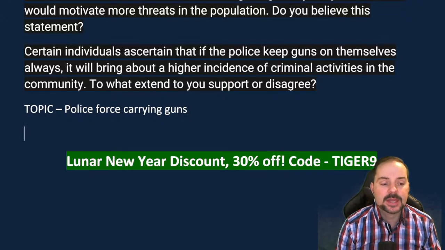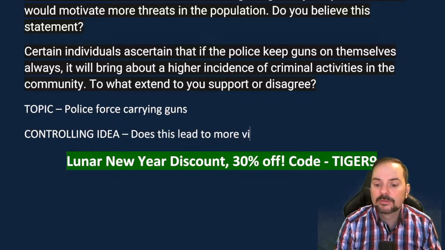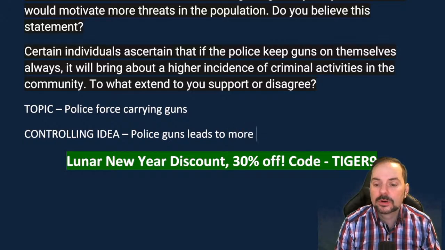Okay, and then the controlling idea is, does this lead to more violence? Instead of a question, let's do this as a statement. So police guns lead to more violence or not in the public.